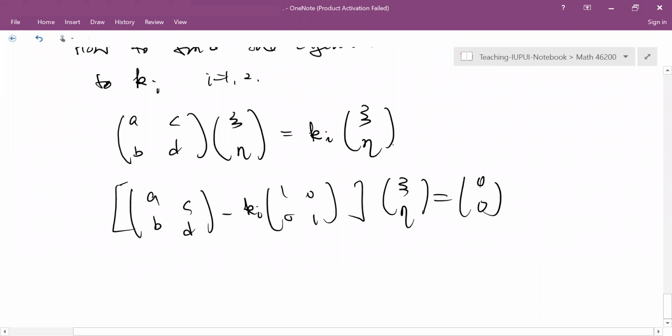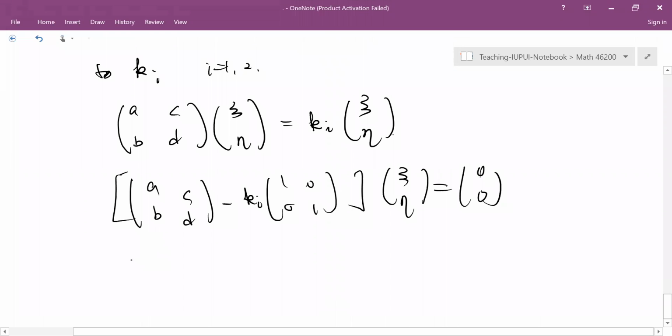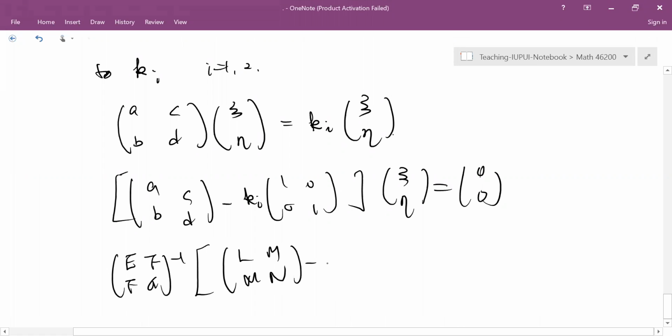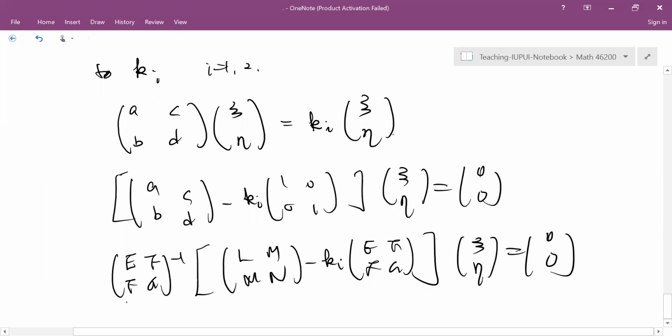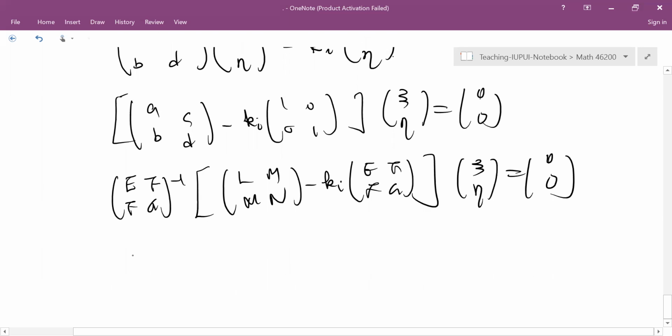But remember, this is just the inverse matrix, so it's easy to check E, F, F, G. We have L, M, M, N minus Ki times E, F, F, G. Since this is the inverse matrix, it doesn't matter, you can remove it.